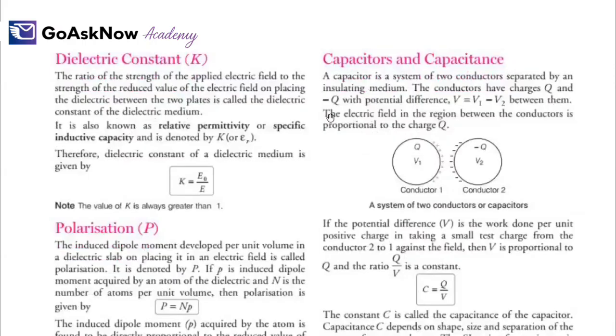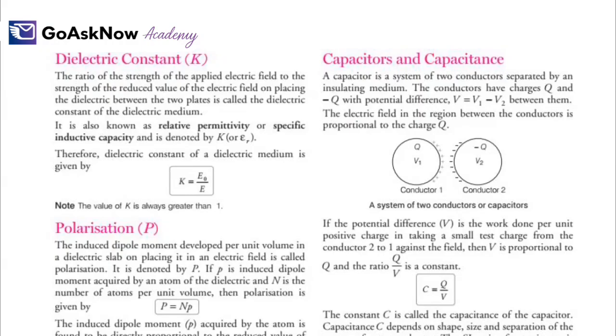Dielectric constant. Okay, so this we have already seen in the first chapter. The ratio of the strength of the applied electric field to the strength of the reduced value of the electric field on placing the dielectric between the two plates is called the dielectric constant of the dielectric medium.